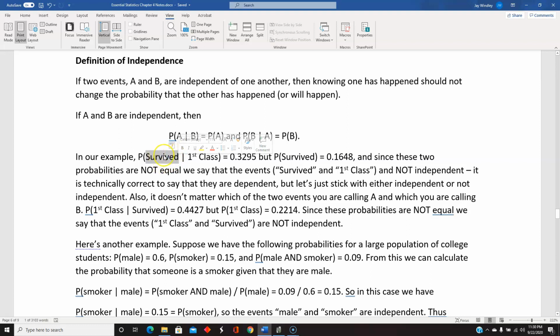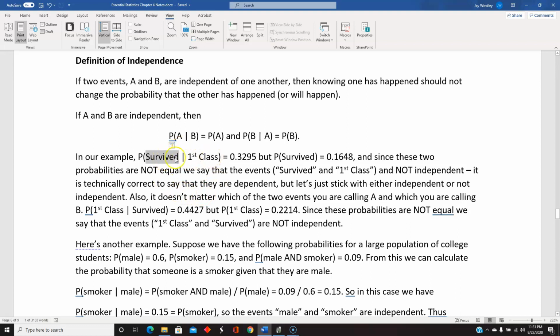If the probability of survived, given that you're in first class, this is my A, this is my B, if that's just the probability of survived, if those two probabilities are equal, then we say A and B are independent. Otherwise, we say that they're not independent. You could also say that they're dependent, but it's more proper to say that they're not independent.